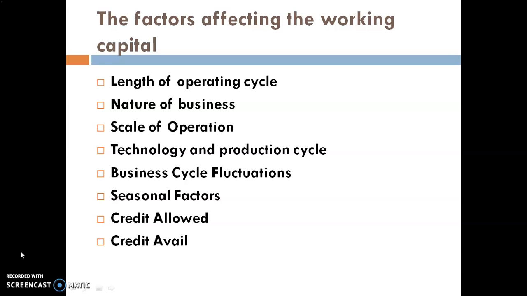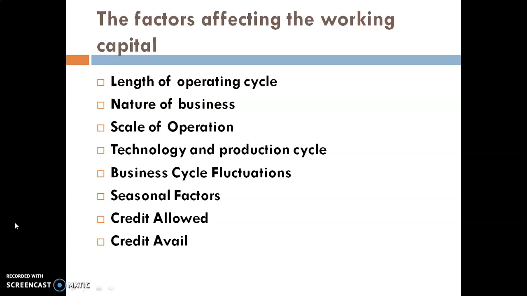If the company is following a liberal credit policy, then it will require more working capital, whereas if a company is following a strict or short-term credit policy, then it can manage with less working capital. Such policy depends upon the level of competition and the credit worthiness of the clients.